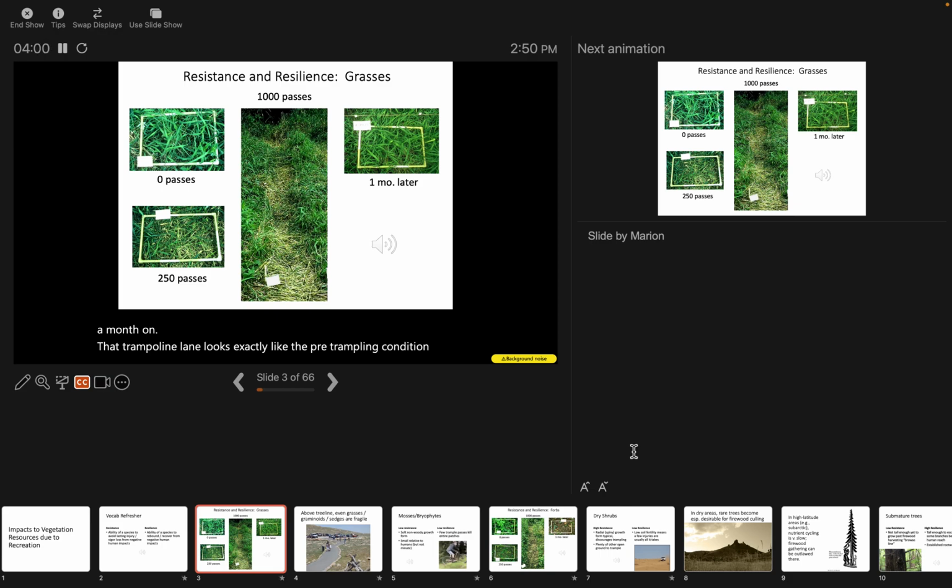So 1,000 passes is enough during the peak of the growing season to lay the stuff down and create a visible trail, which is a releaser cue for subsequent people. Oh, there must be something interesting at the far end of this trail. So in some cases, it's going to be a bit of a problem because one impact triggers subsequent impacts through that releaser cue dynamic.